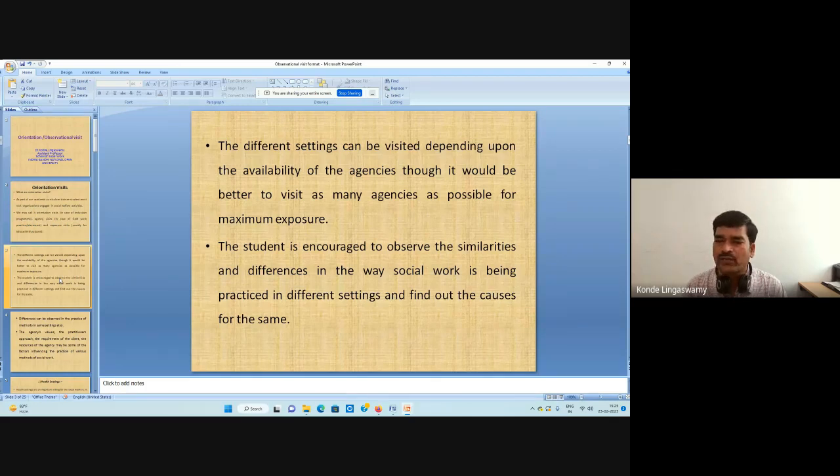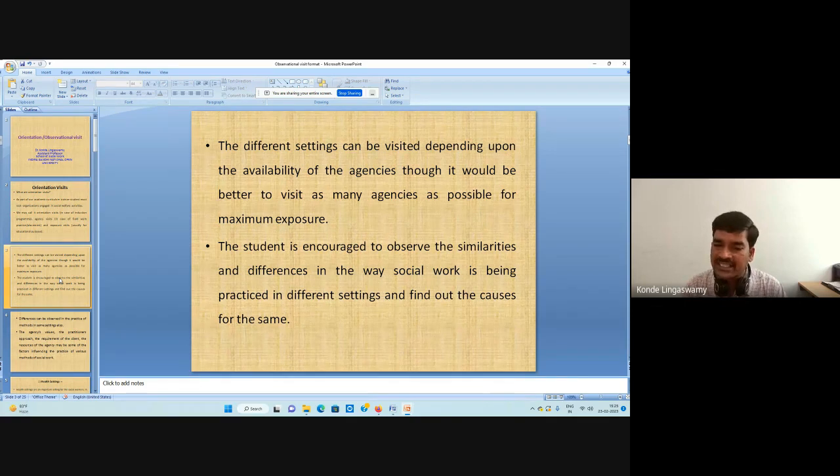Why do we need to visit different organizations? Once we visit the different organizations, the student is encouraged to observe the similarities and differences between the organizations or agencies, and what the practices are.